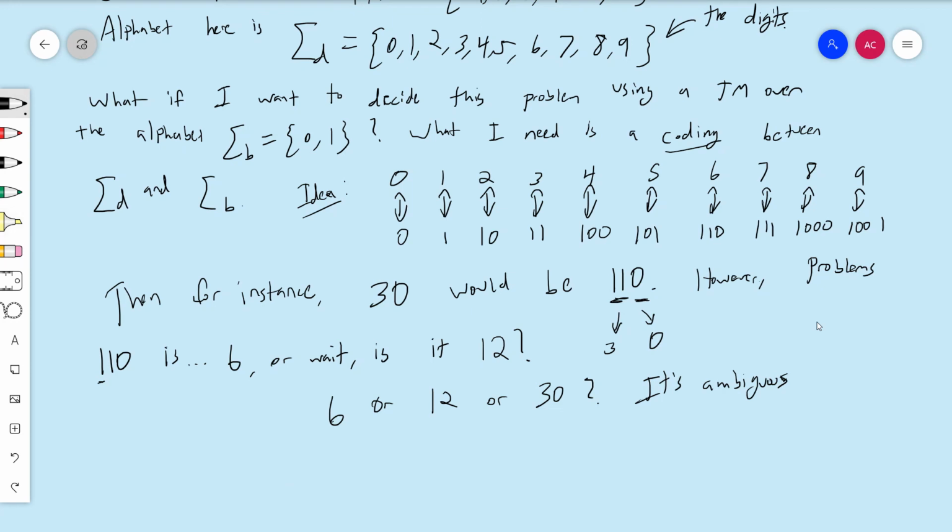What we're going to do to get around this is make all code words a fixed length.